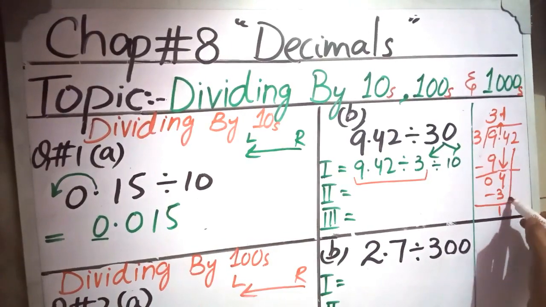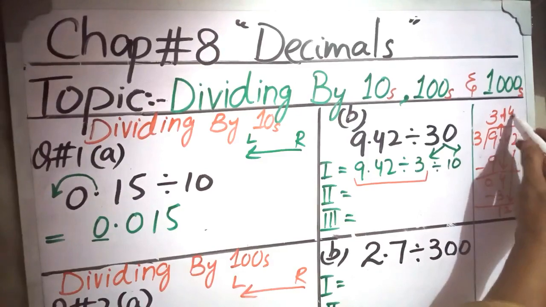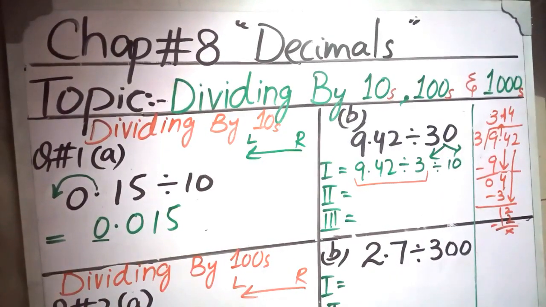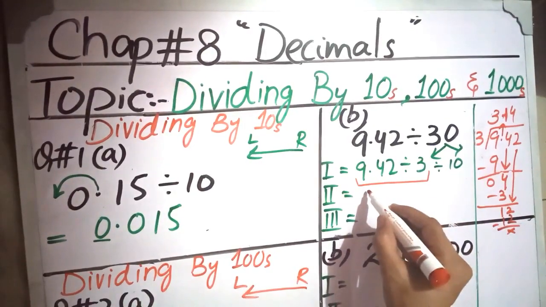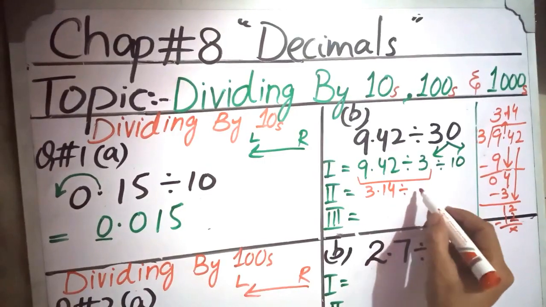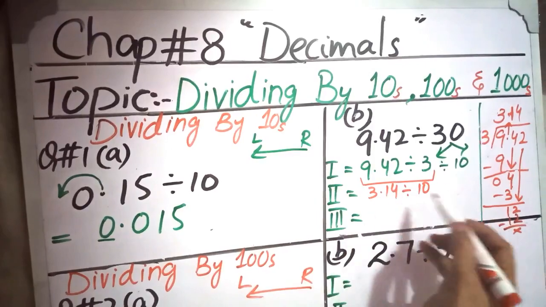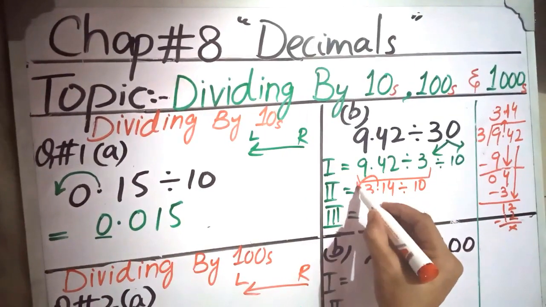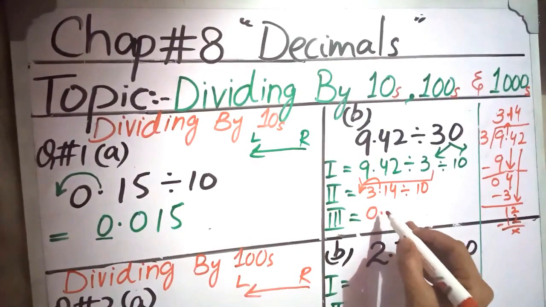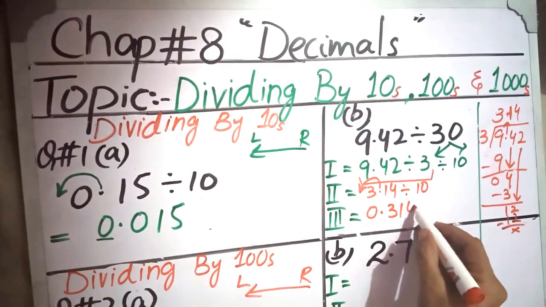Then drop down 2 to make it 12. Then 3 4s are 12. Now can you see we are having the answer 3.14 divided by 10. Now again we will shift the decimal point towards left to get the answer 0.314.